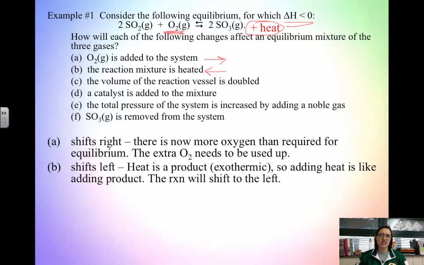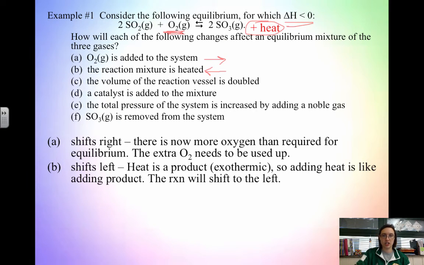And then C says the volume of the reaction vessel is doubled. So if we have a volume, it's doubled. What does that do to pressure? That decreases the pressure. You increase the volume, there's more space to move around, that decreases the pressure. When you decrease the pressure, in order to counteract that change you need to shift to the side with more moles of gas, because that's going to essentially increase the pressure back up.